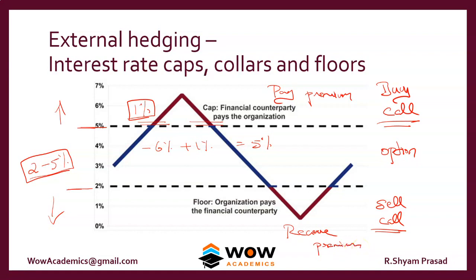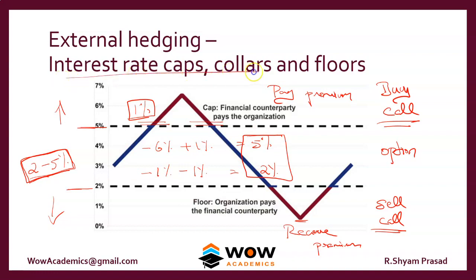So if the interest rate goes to 1%, the company has to pay another 1% to the other company. The company's effective interest is the current market interest they have to pay, that is 1%. The option will be exercised by the other company, so they will ask for another 1%. That comes to a total of 2%. So that is effectively the range they wanted. The range was 5 to 2%.